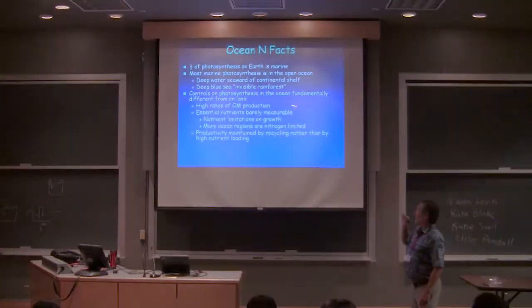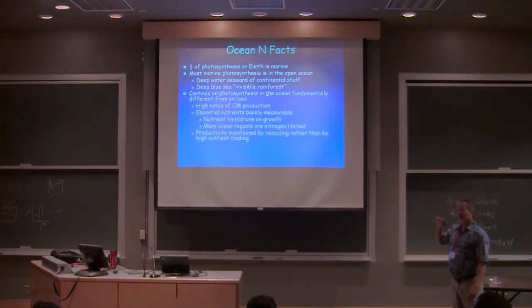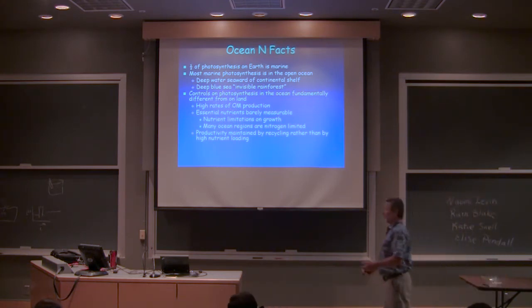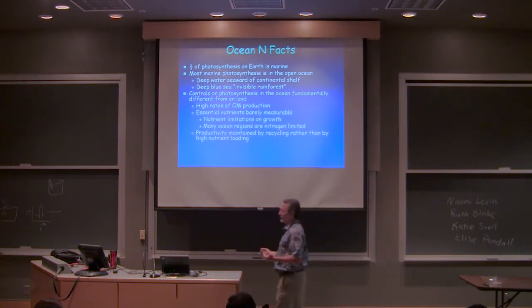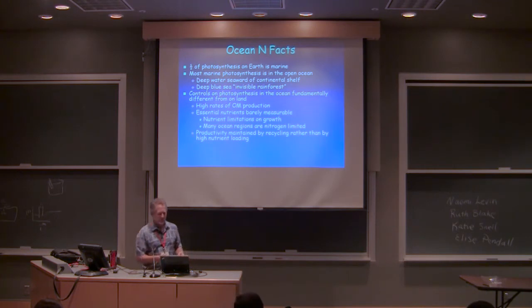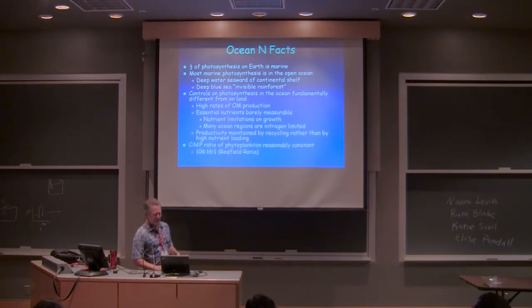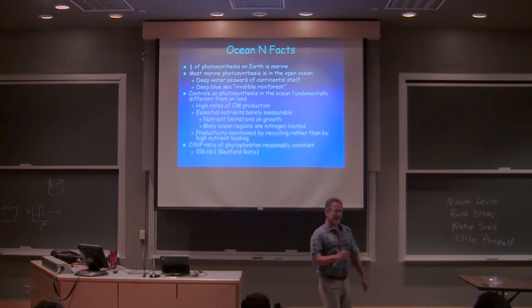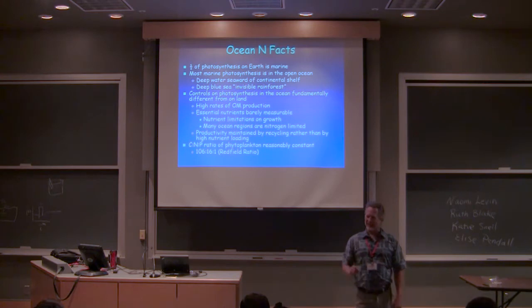The controls on production in the ocean are very, very different than on land. There are very high rates of organic matter production. There's high turnover, and the essential nutrients that drive that production are in many cases barely measurable in the surface ocean. And production is maintained not so much by the supply of nitrogen to the system, but by recycling. And there's something peculiar about marine organic matter in that there is a constancy to it.